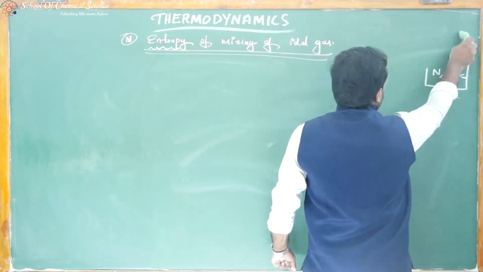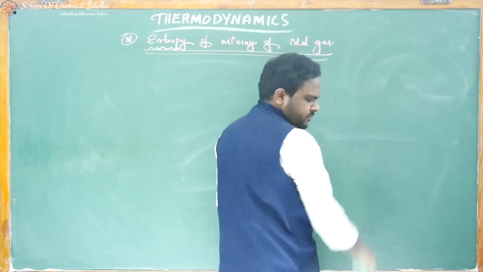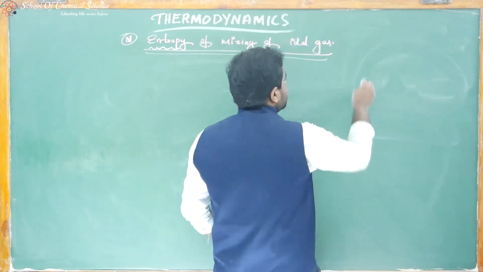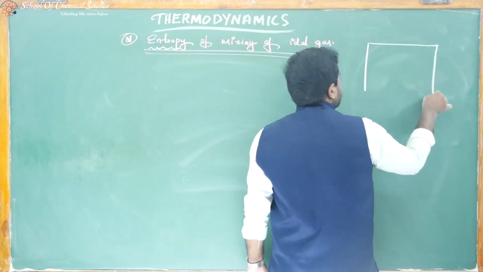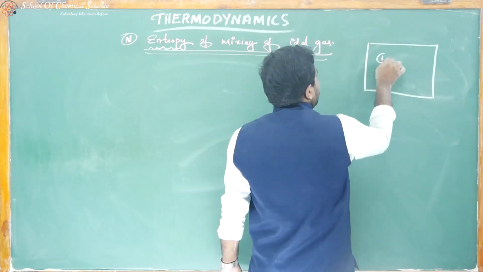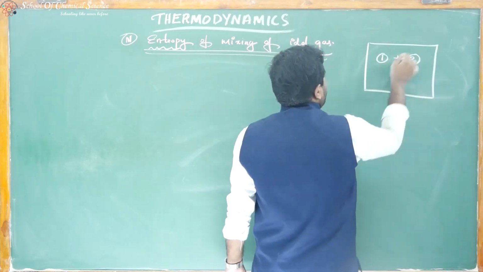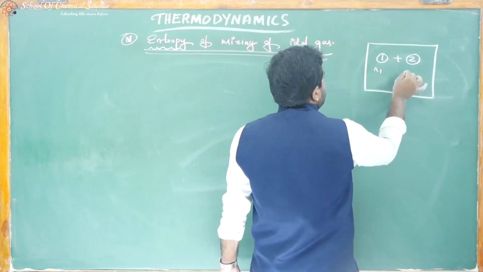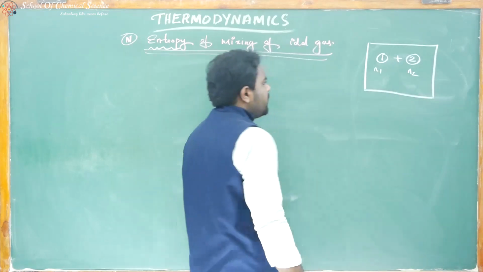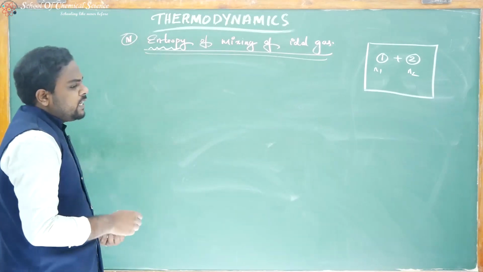For example, a mixture containing gas 1 and gas 2, number of moles of gas 1 is N1, number of moles of gas 2 is N2.